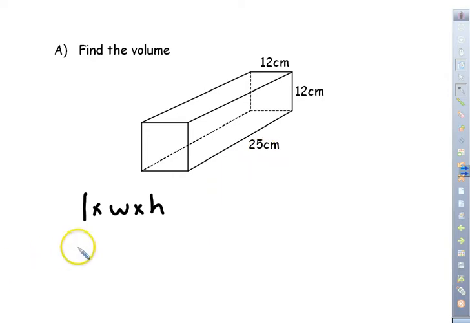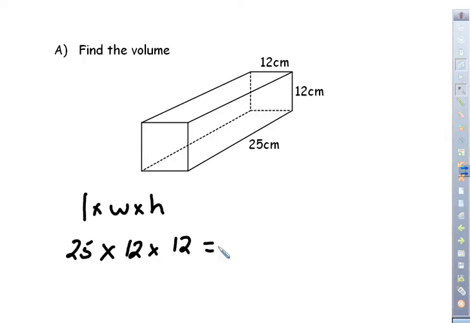All right, what you should have done is take 25 centimeters times the width, which would be this line, and since this line up here is the same line as this bottom one, it would be 12, times the height. According to our associative property, it does not matter what order we multiply these in, but it is nice to match up the length, width, and height so that you are identifying the correct lines.